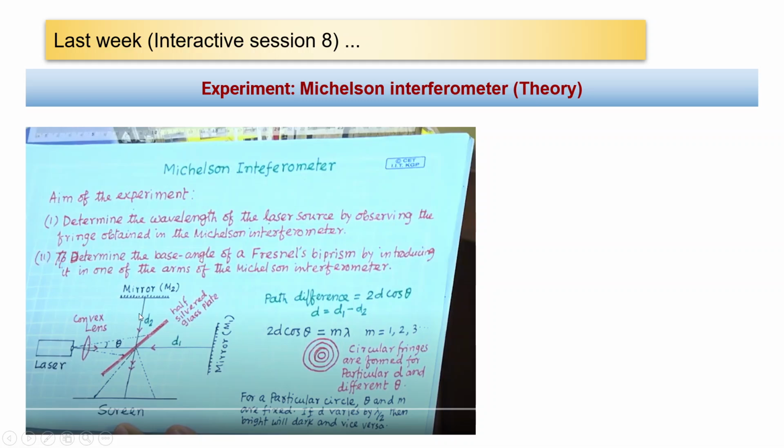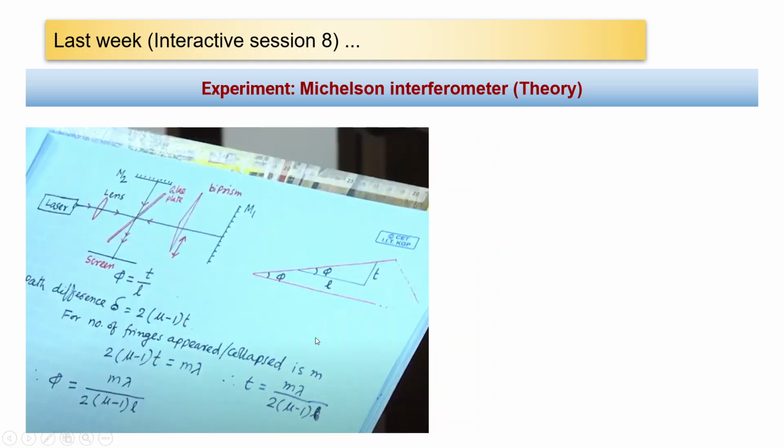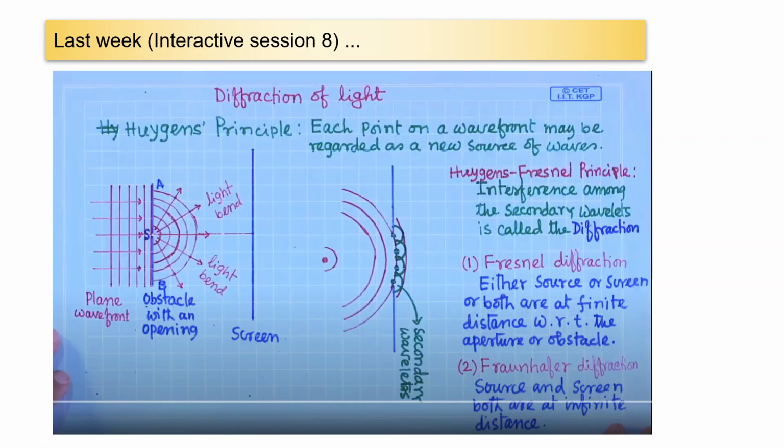Depending on the distance between these two mirrors, and thus the path that these lights travel, we get either a dark or a bright ring at the center. So this was the Michelson interferometer experiment.